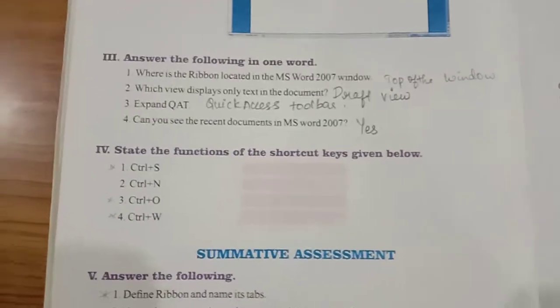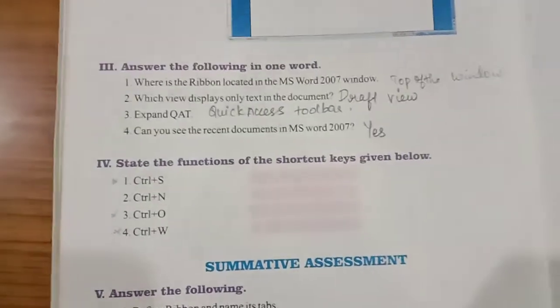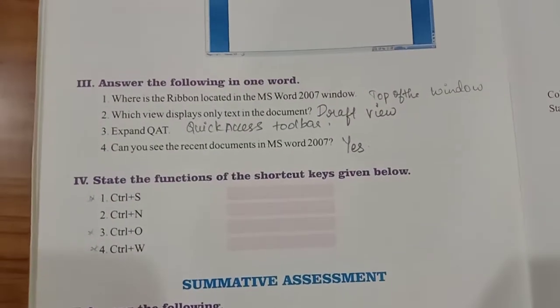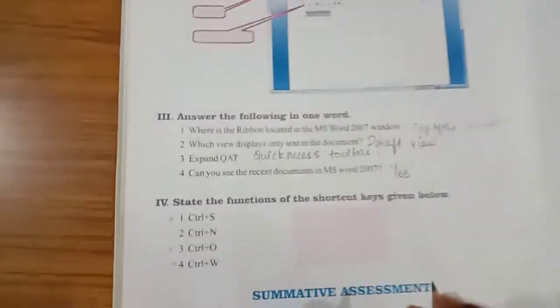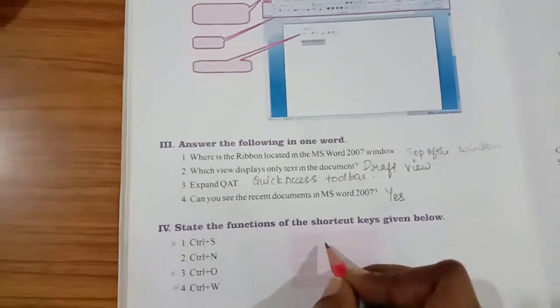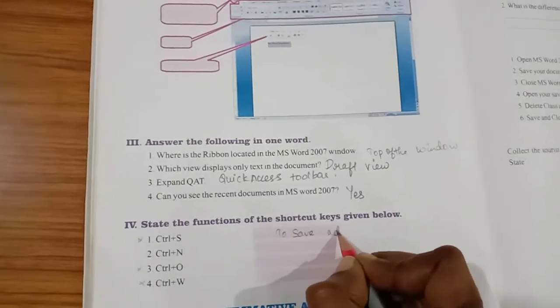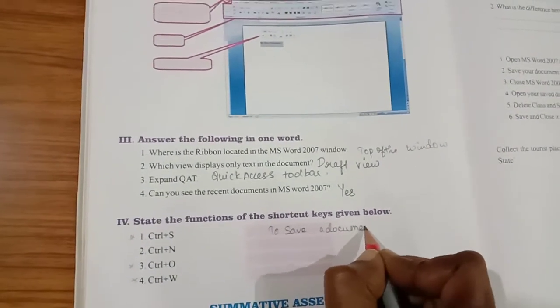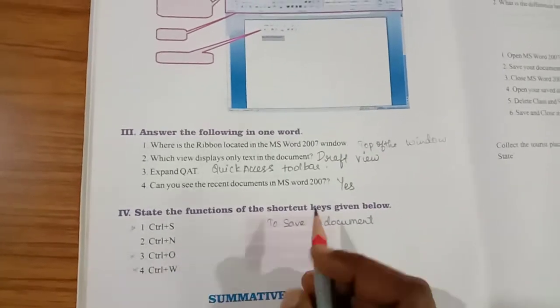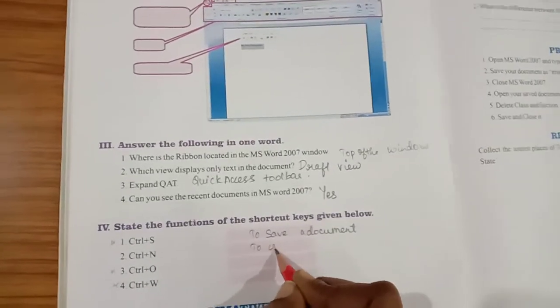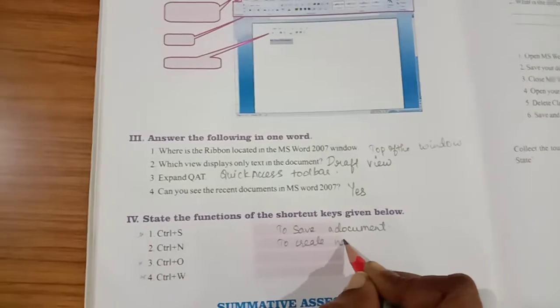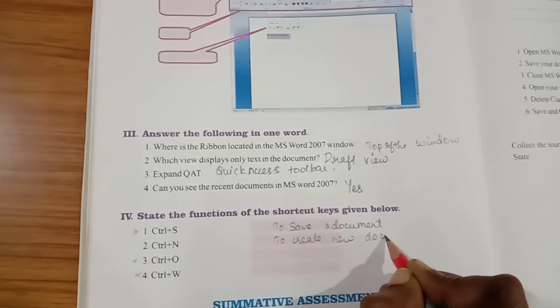Fourth main, state the functions of the shortcut keys given below. Ctrl+S, to save a document. Ctrl+N, to create a new document.